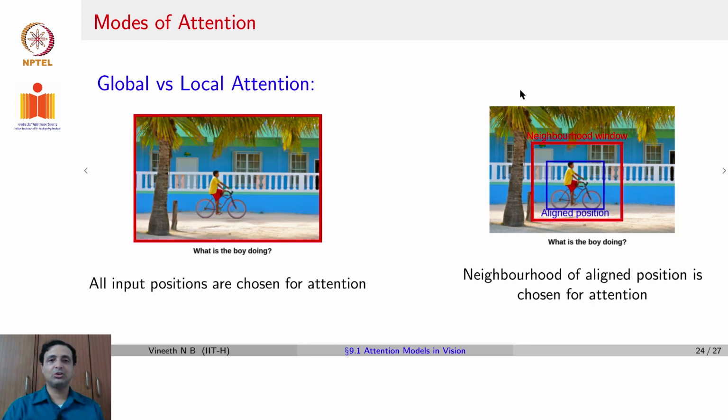Another categorization of attention is global versus local attention. In global attention, all the input positions are chosen for attention, whereas in local attention, maybe only a neighborhood window around the object of interest or the area of interest is chosen for attention.